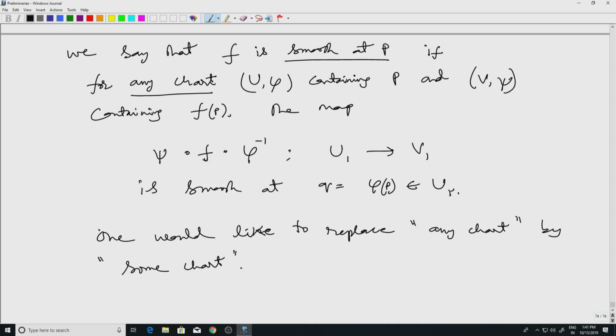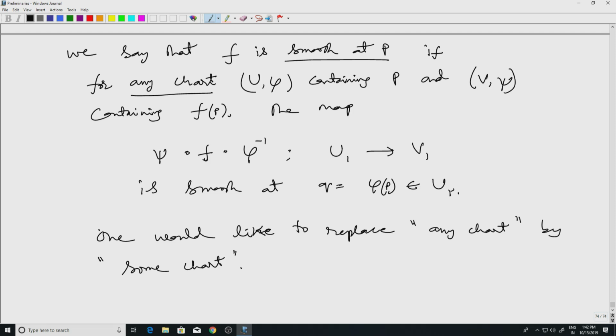So whatever definition we make, ideally we would like to make it independent of charts. Here, of course, I've used charts, but at least it should not depend on the specific chart. If it holds for one chart, it should hold for any other chart as well.